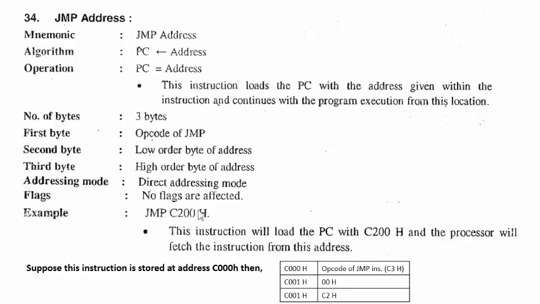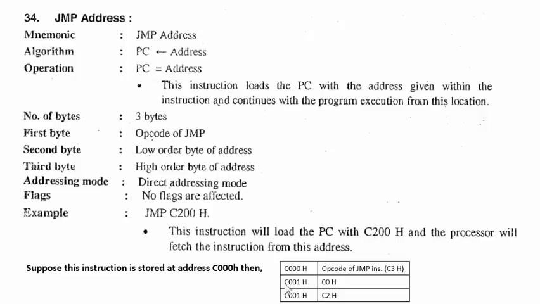Suppose this jump C200X instruction is stored in the memory starting from location C000X. As I said, the jump instruction is a 3-byte instruction, so it will take 3 memory locations. At the first location C000X you will find C3X, the opcode of the jump instruction.